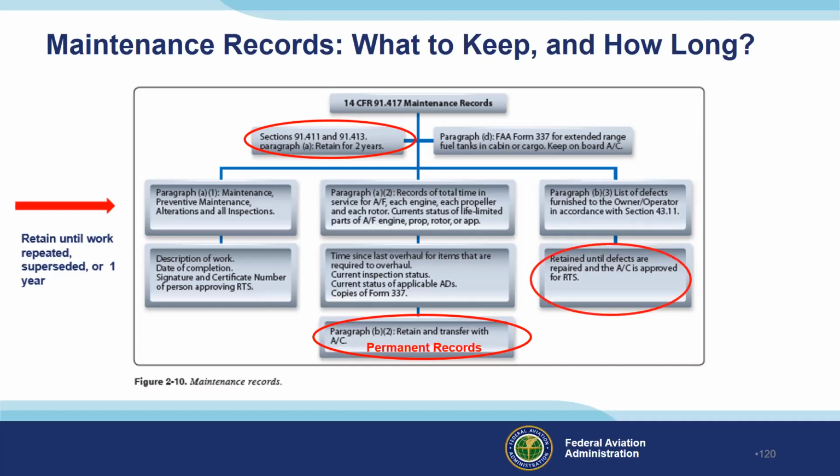And last, if an IA provides an owner with a list of defects, they have to retain that list until they're all repaired and returned to service.